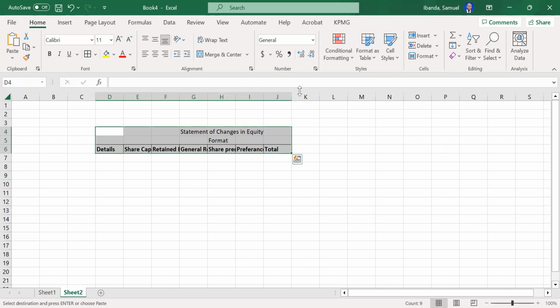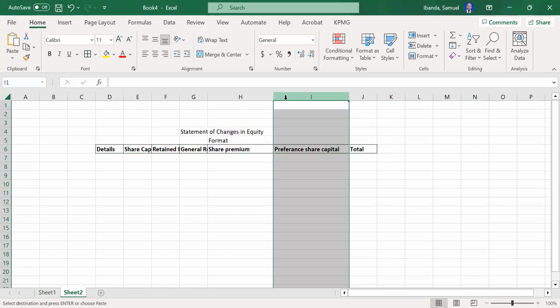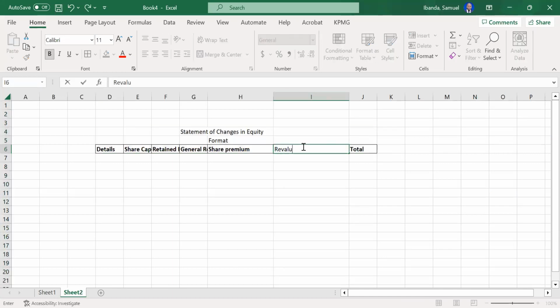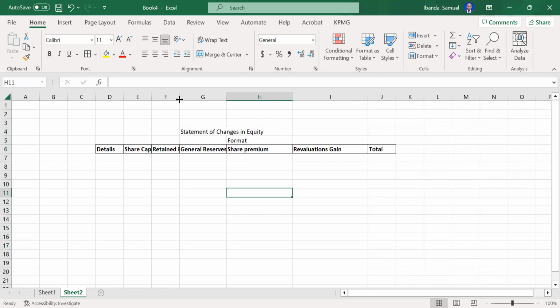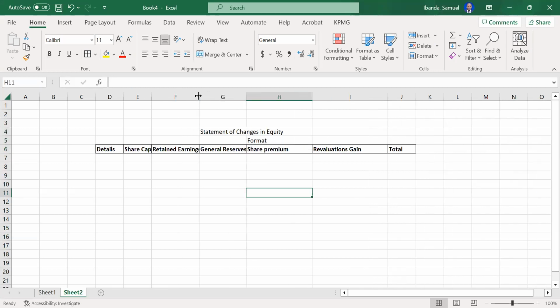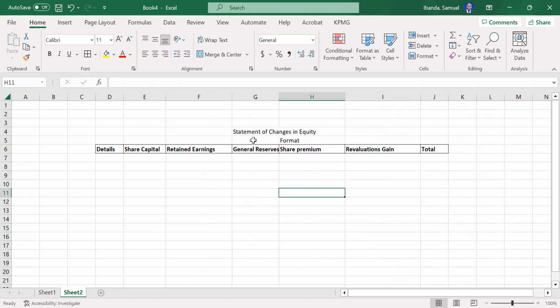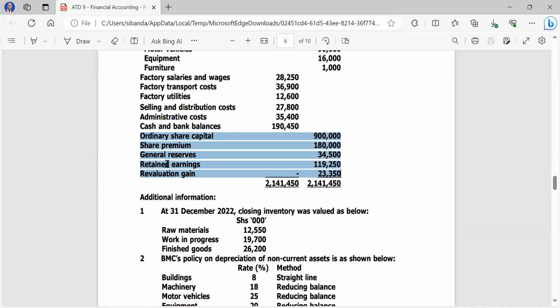Now, this time I don't have preference share capital, so I'll not have a column on preference share capital, but I have something on revaluation gain. Sometimes revaluation gain can be called revaluation surplus. Okay, at least I have something on retained earnings. I also have something on general reserves. Like I said, whatever is in the question determines your heading.